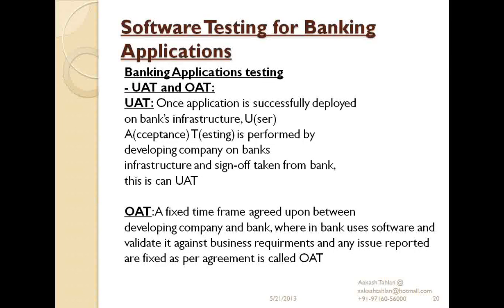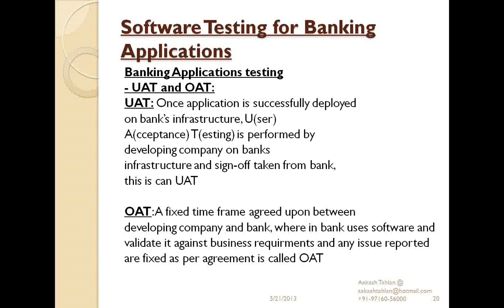What is UAT and OAT? UAT is user acceptance testing. Once the application is successfully deployed on the bank infrastructure, this testing is performed by the company developing the software on the bank's infrastructure, and a sign-off is obtained from the bank that UAT is completed successfully.